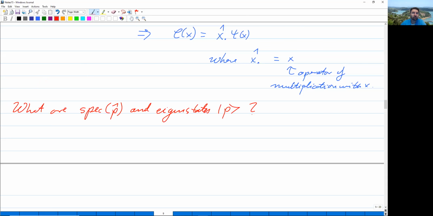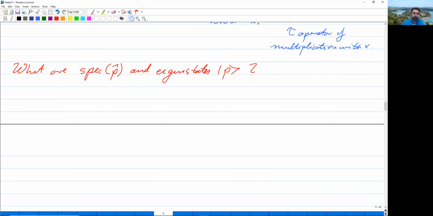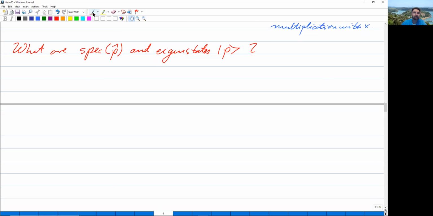We could do the same thing as we did for the position operator. We could calculate this in terms of the Bn basis. And we would have to deal with these Hermite functions again, and we would get this terrible matrix, etc. So we are not going to do this, because now we have the position basis available. So let's calculate it in the position basis.